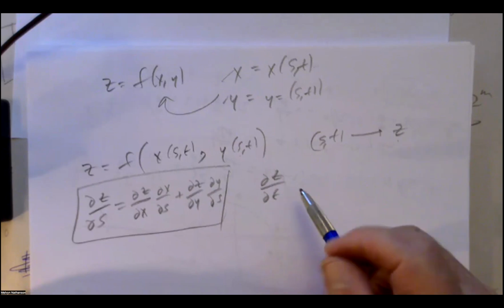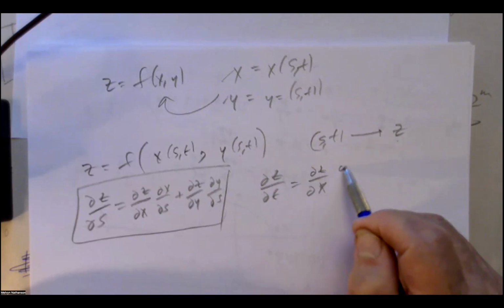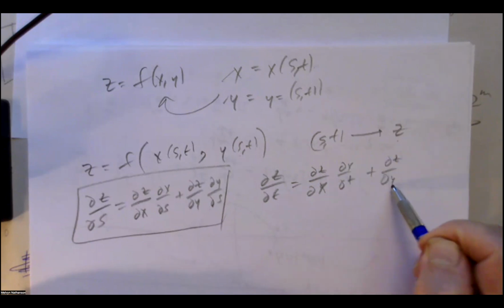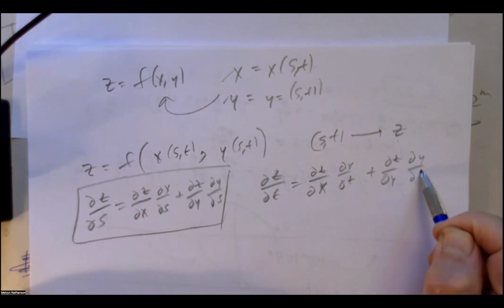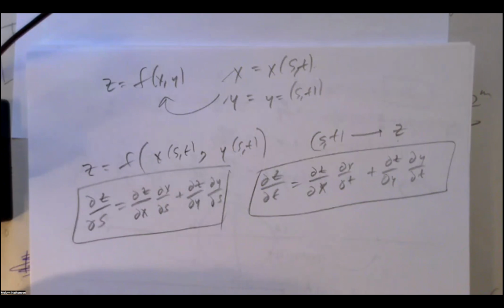And if we want the partial with respect to t, this is the partial of z with respect to x times the partial of x with respect to t, plus the partial of z with respect to y times the partial of y with respect to t. So this is the chain rule for partial derivatives when you have a composite function of two variables.